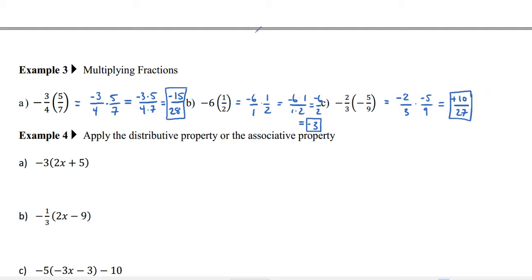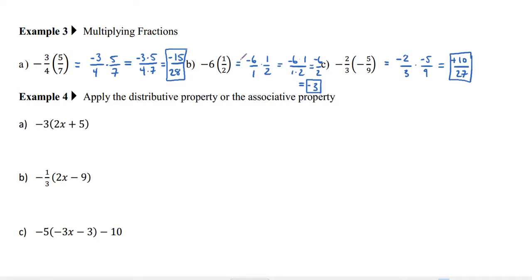Now using these properties, we can generalize things a little bit more, and we can apply the distributive or associative properties to simplify more complicated expressions. These are different things, right? The distributive property is essentially this: let's say you're going to multiply negative 3 by this expression. We're going to distribute that in by multiplying the negative 3 by each of the terms inside that expression.